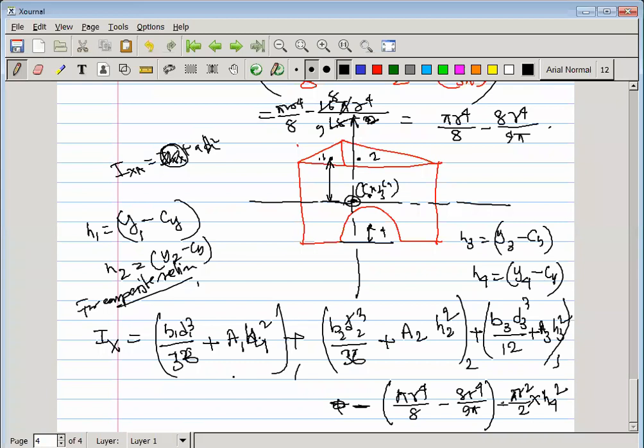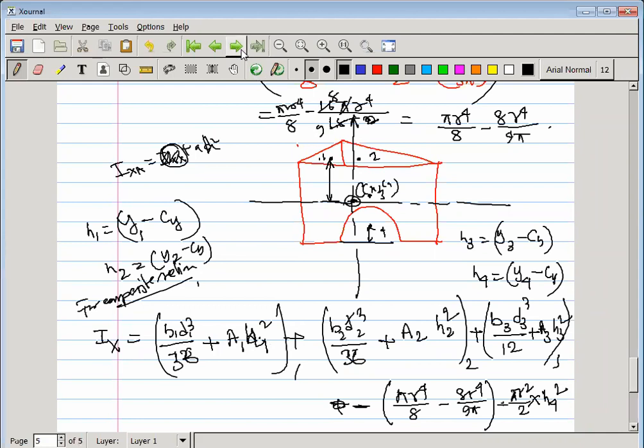So if you put all the values here, you will definitely get the moment of inertia of this composite section along its centroidal axis in the x direction. Clear? By a similar pattern you only have to change bd³ to get the y value.